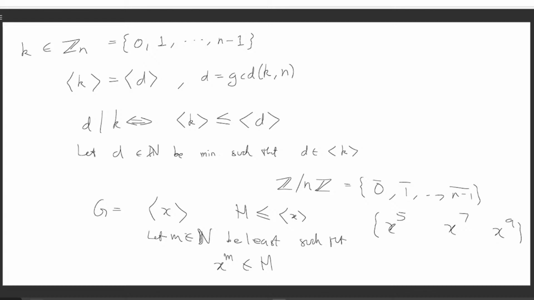Then what? And what must be true? That is true, but like, how do you get the GCD? How do you get? So obviously, we want to show that D is equal to GCD. How do you get that?